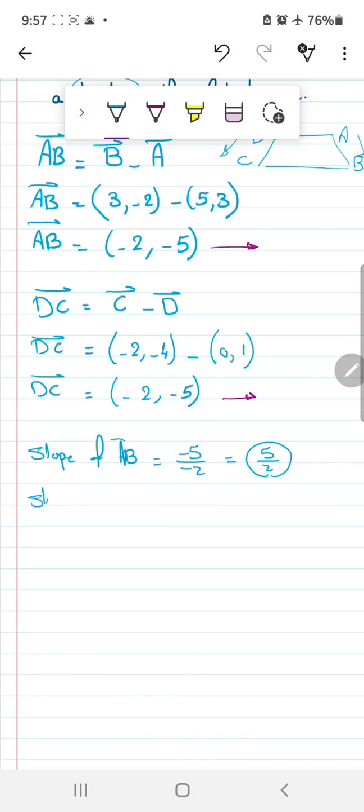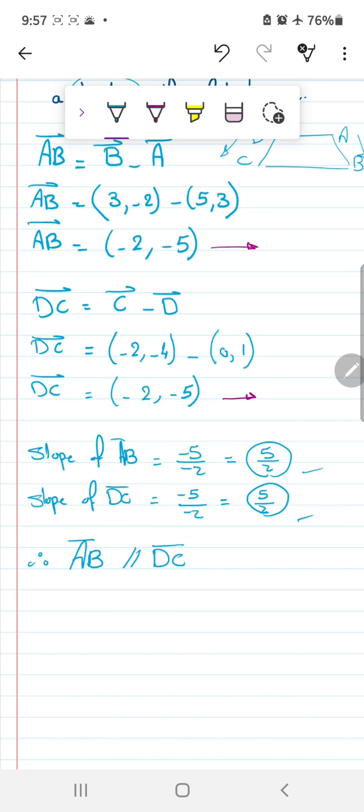And also the slope of DC equals y over x, -5 over -2, equals also 5 over 2. So here the two slopes are equal, so we get AB parallel to DC. So from 1, 2 and 3 we get the figure ABCD is a parallelogram.